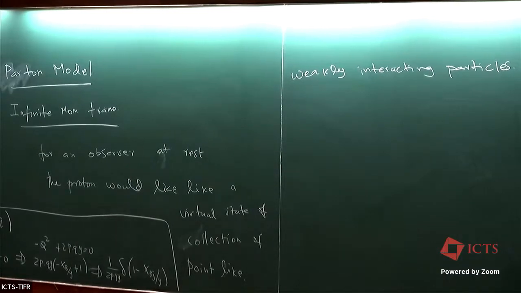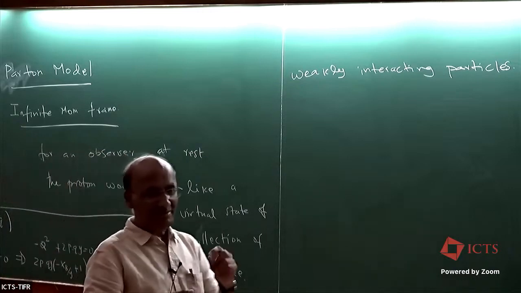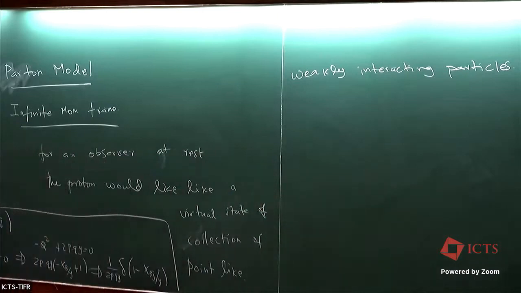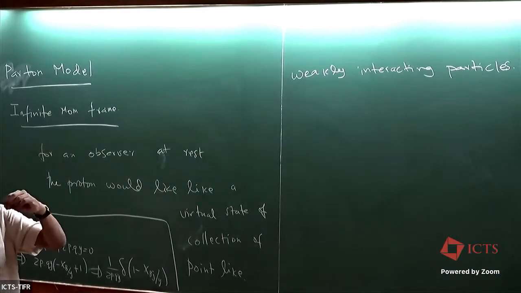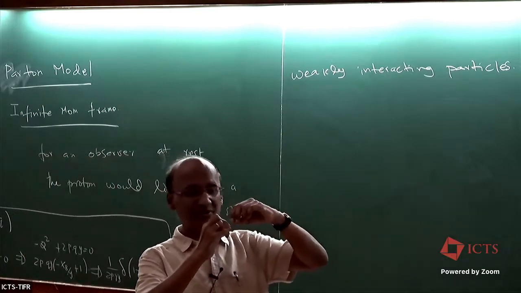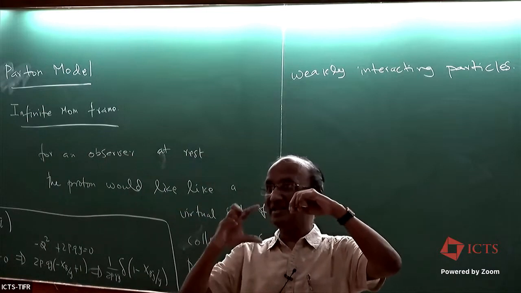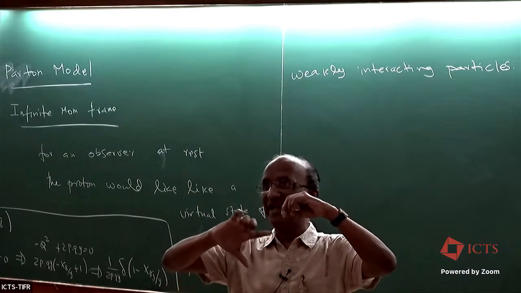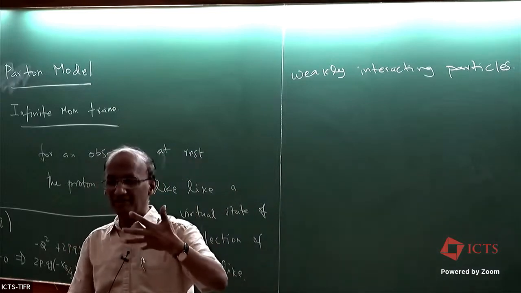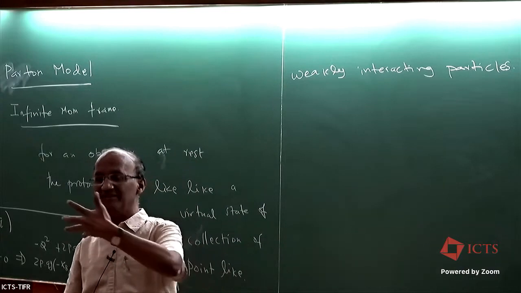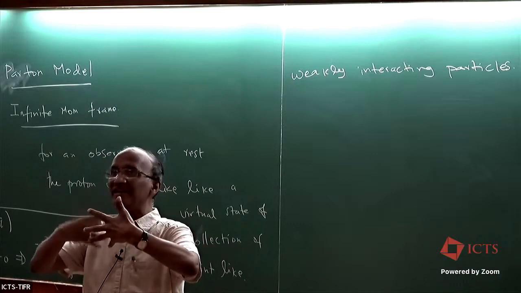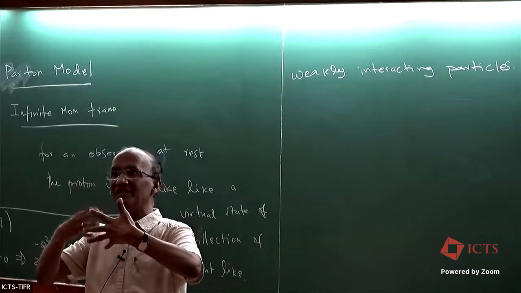That's the first point. Second, because of time dilation, we'll have to see what is really happening. If a photon comes and the proton is going very fast, there is a time scale between these two. There's an interaction time scale, and then there are the states that the proton can have. When the proton moves, there's a bunch of non-interacting point-like particles, but the way momentum gets distributed could be very different at every instant.